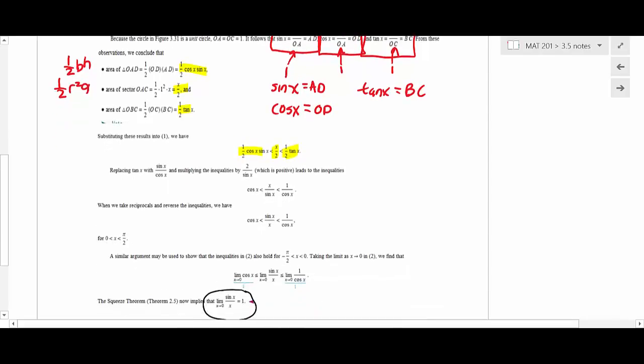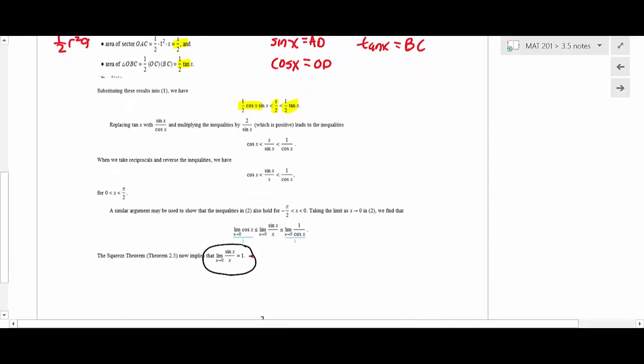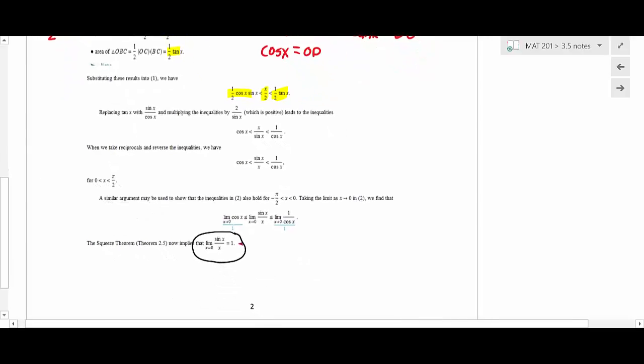I'm not going to go through all the details, but if you run through this and do some basic algebra, what you'd have left at the end is 1/2 cosine x sine x less than x over 2, less than 1/2, and then I'm going to change the tangent to sine x over cosine x.